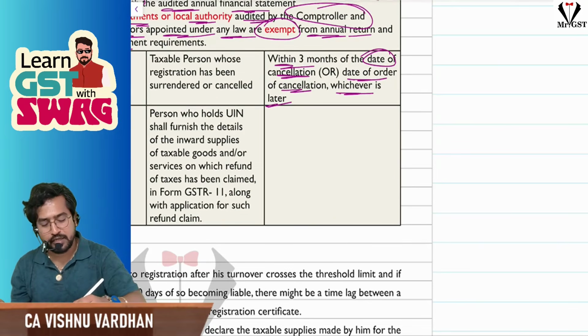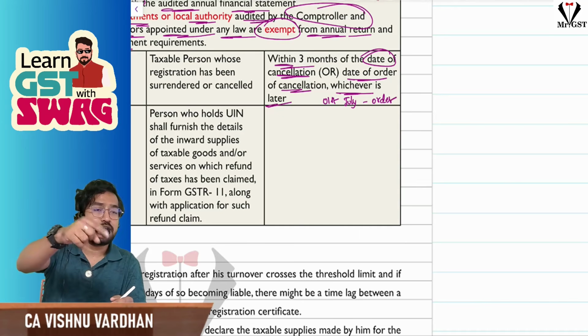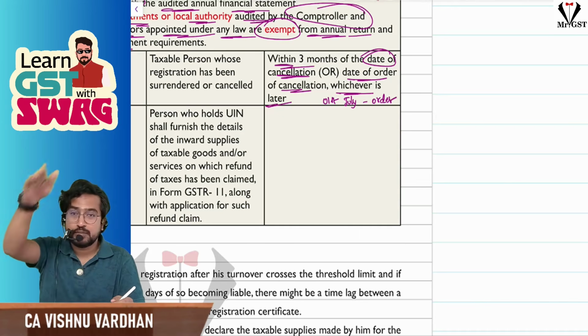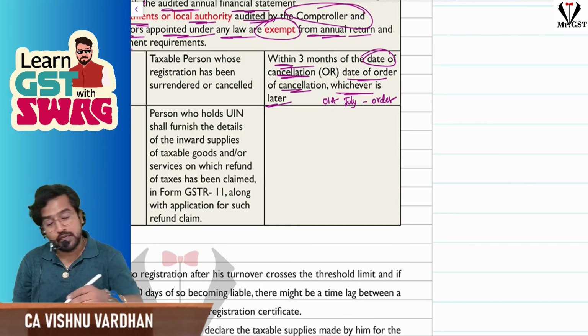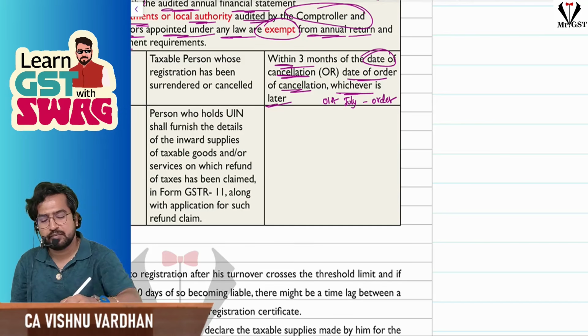Because imagine, the cancellation can be with retrospective effect as decided by the proper officer. In case of suo moto cancellation, he is cancelling because you did not file returns for the last 6 months.